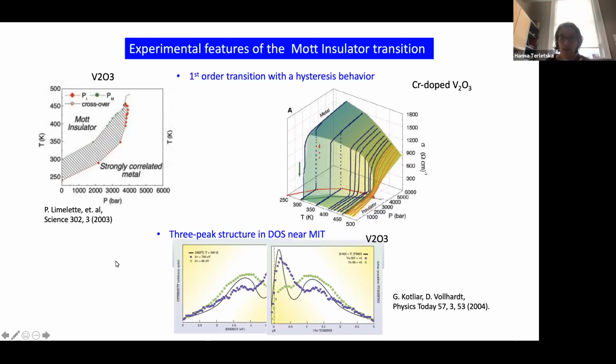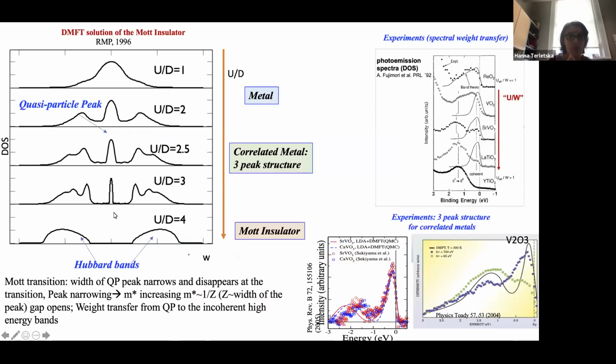Second, it has been shown that for correlated metals close to the transition, there is a characteristic 3-peak structure in the density of states. Let me first show the results for a dynamical mean field solution for the Mott insulator, and we will go through the evolution of the density of states at different values of the ratio of U to the bandwidth.